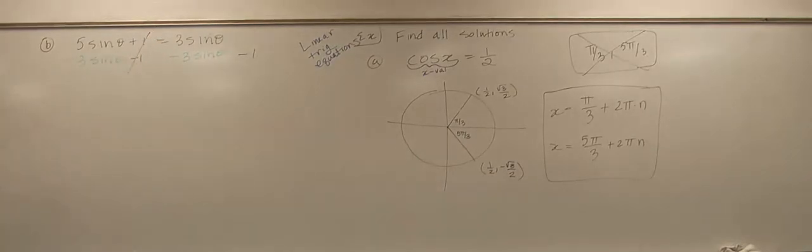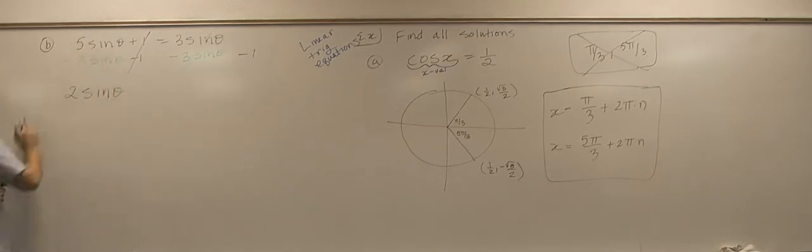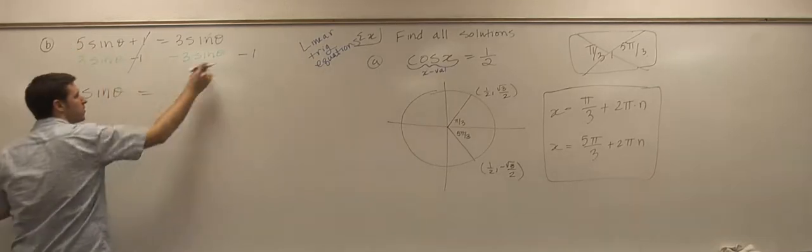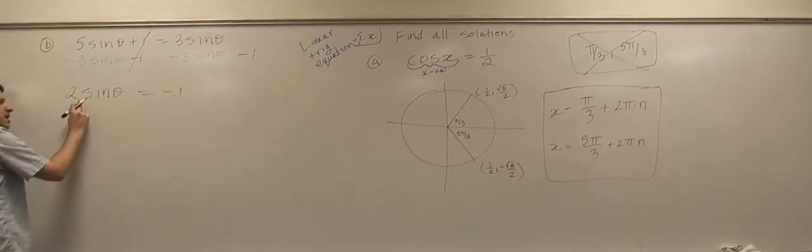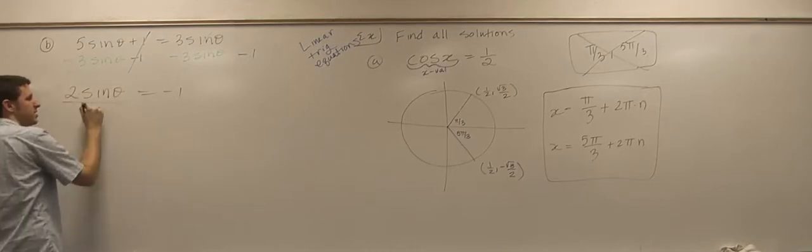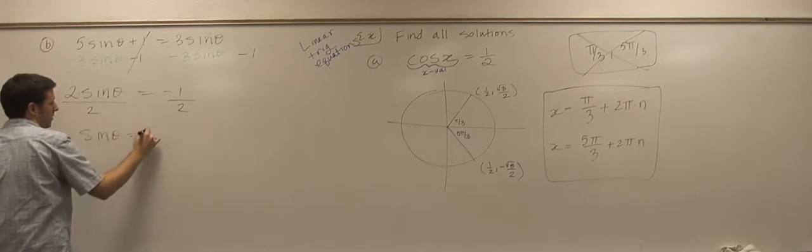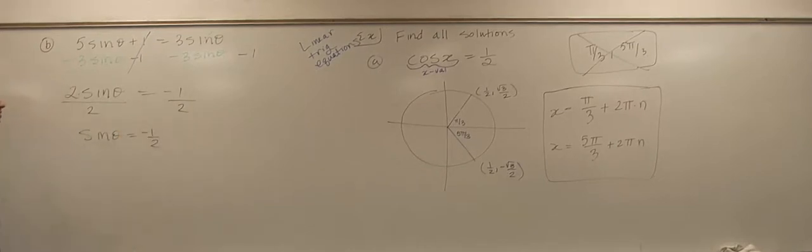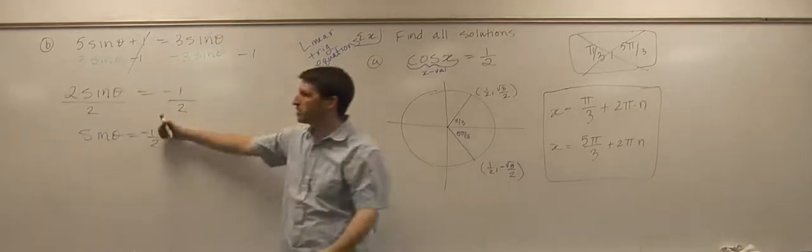And what do I have left? 5 sine thetas minus 3 sine thetas gives me 2 sine thetas, collect like terms, equals -1. This 2 is connected by multiplication, so it gets divided over. Now you have an isolated trig function equals a number.